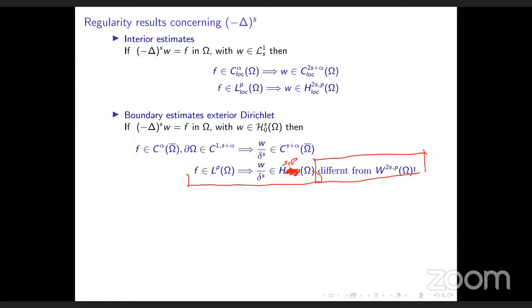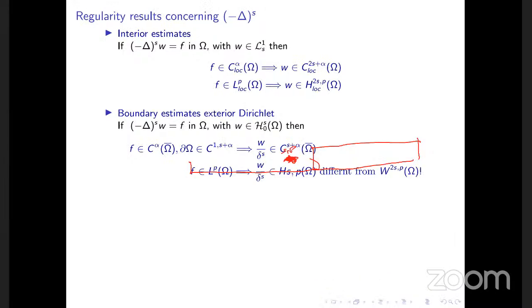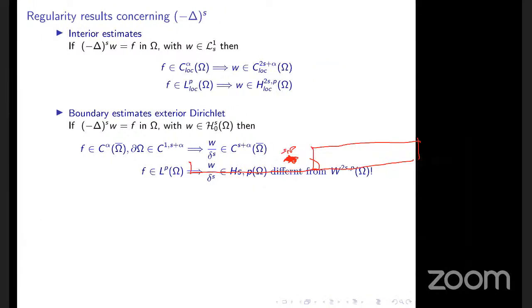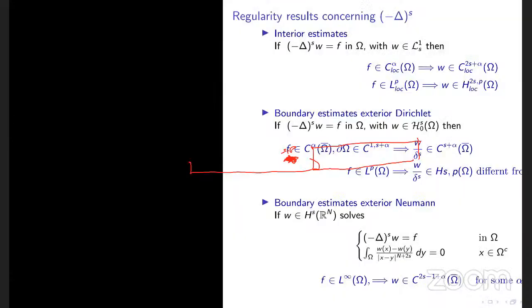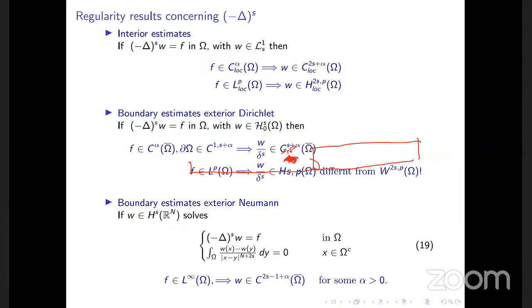So the question that may be natural to ask is what also happens in the Neumann case. In the Neumann case, what is known is very recent. For now, the only known regularity in the Neumann case is that the solution is C^(2s-1+alpha) for some alpha positive, and all the rest is open.